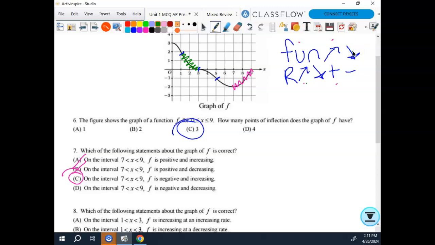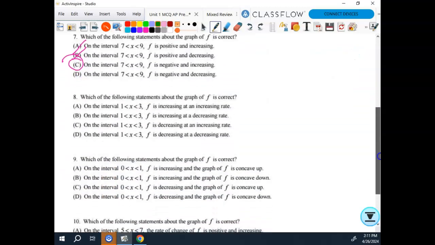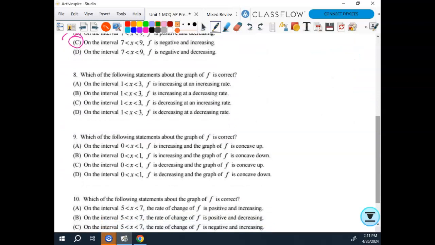Decreasing, which means the rate is negative. So the function is decreasing, the rate is increasing. The answer is C. Okay, we good on that?